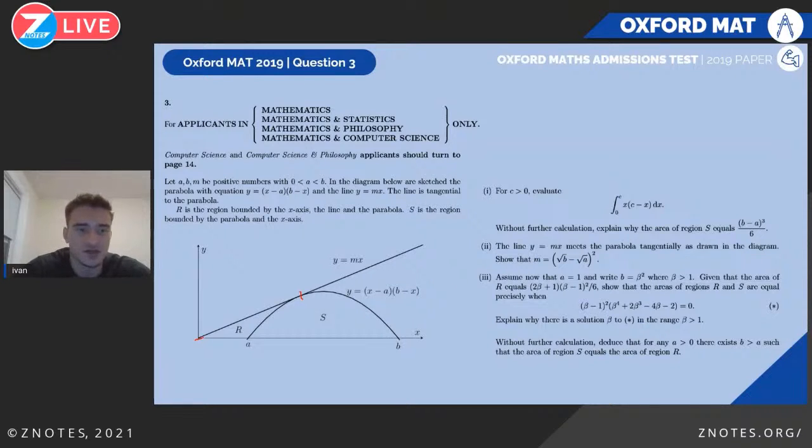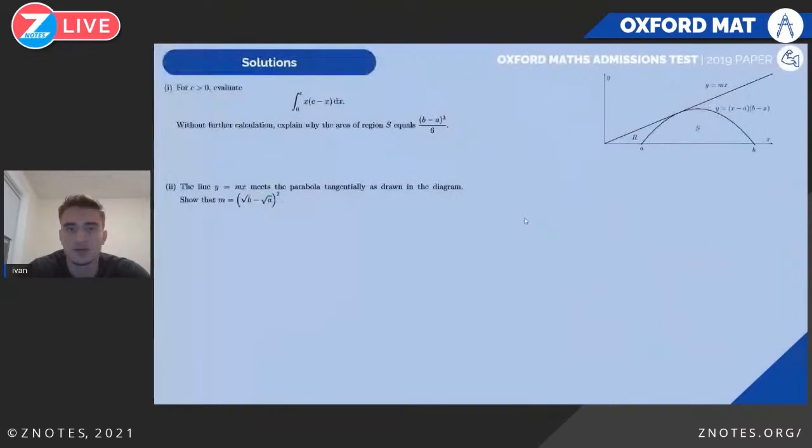So we have the region R here, and the region S. Now you have to answer some questions. So question 1 asks us to evaluate this integral, and then explain why the area of the region S equals that.